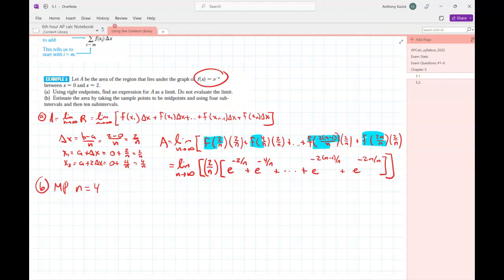So I know then if I'm dividing from 0 to 2 up into 4 subintervals, my 4 subintervals should be these. Everybody agree with that?